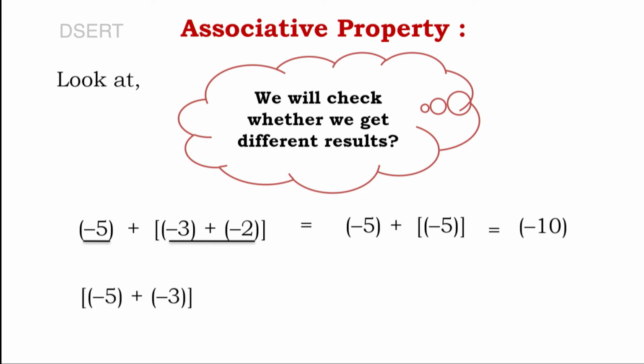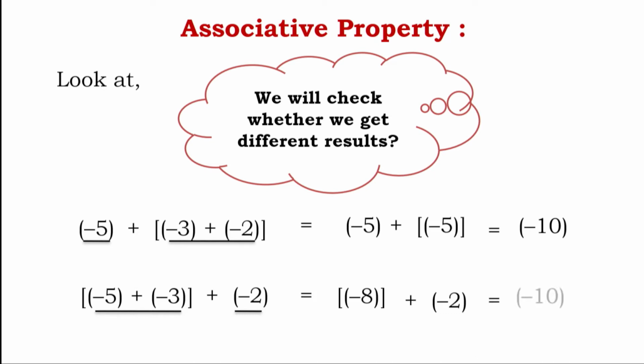Next, minus 5 plus minus 3 is taken together, plus minus 2. That means we add the first two first, then minus 2 next. Minus 5 plus minus 3 is how much? Minus 8. Very good. Next, plus minus 2. What is minus 8 plus minus 2? That is minus 10. Is the answer equal? Yes, very good.